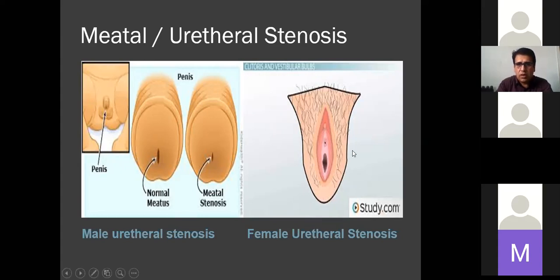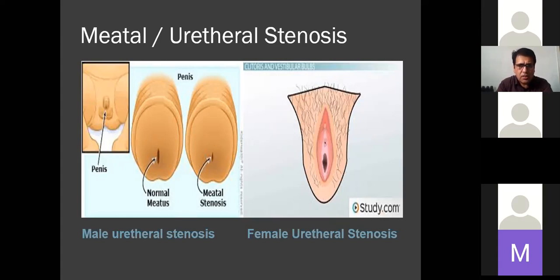Same over here in females. Either it happens as a congenital disease in kids, or sometimes at postmenopausal age, when there is vaginal atrophy, which leads to urethral stenosis. The treatment for both is very simple. It's just urethral dilatation, which is the overall management for urethral stenosis, mainly meatal stenosis.